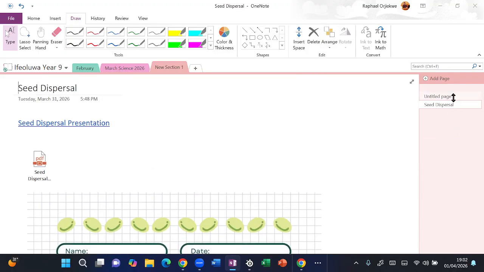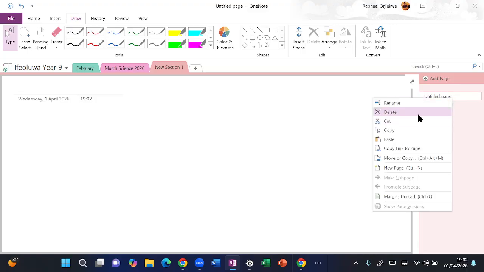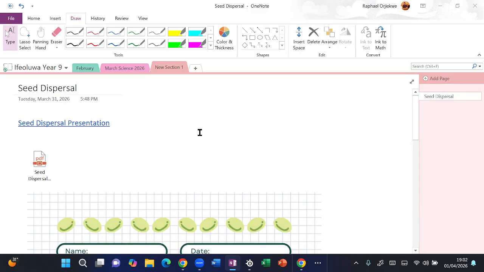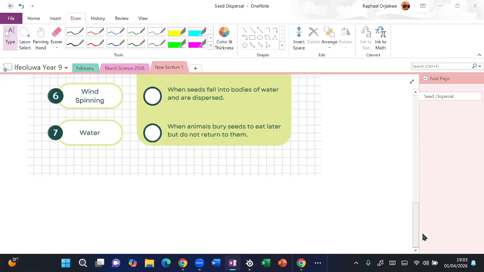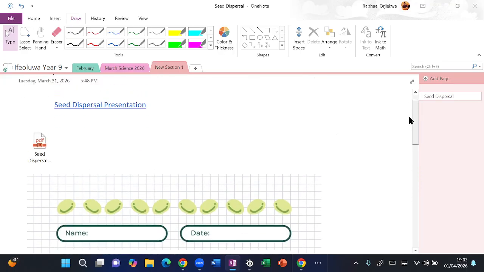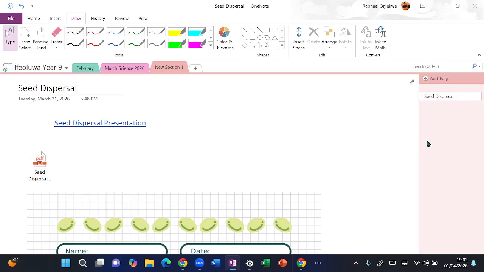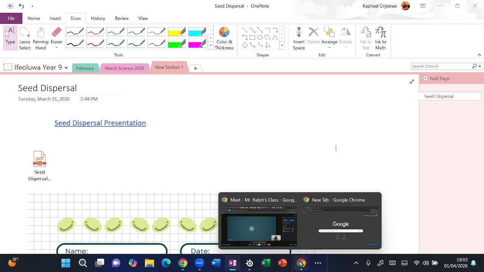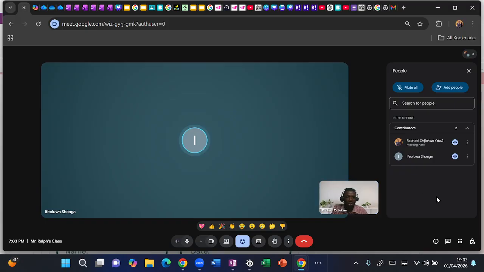It's already on your OneNote though, so you can also check up on your OneNote after the class. The link to the presentation is right there, and there is a worksheet right there as well. But before we go to the worksheet, let's know what seed dispersal is, methods of seed dispersal, and the rest of it. That's the focus of today's topic.